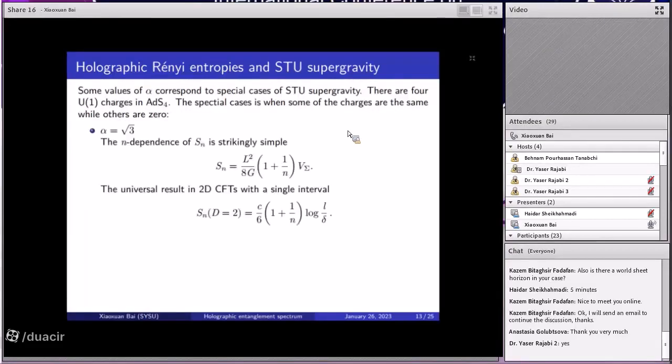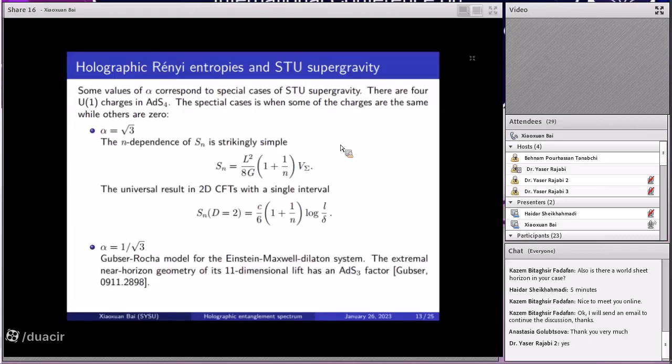When alpha is root 3, we find the n dependence of the Rényi entropy is strikingly simple. It's proportional to 1 plus 1 over n. It has the same n dependence as the universal result in 2D CFT. Besides, when alpha is 1 over root 3, actually in the neutral solution we consider, it's the same as the above case.